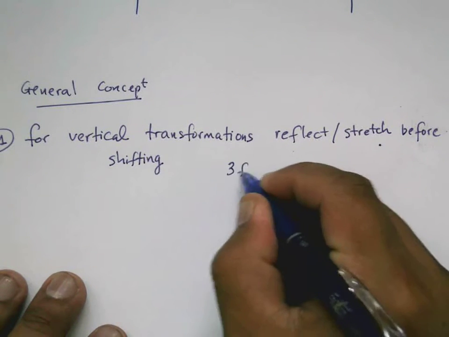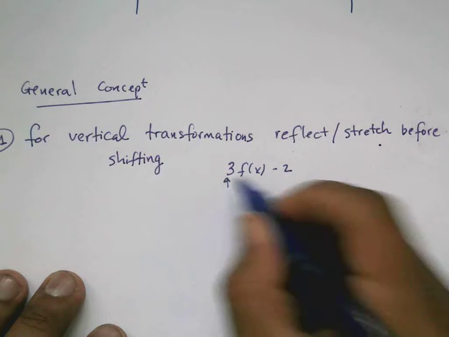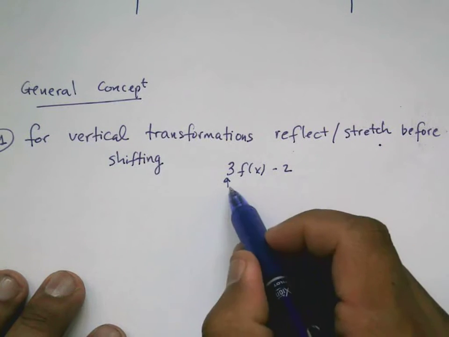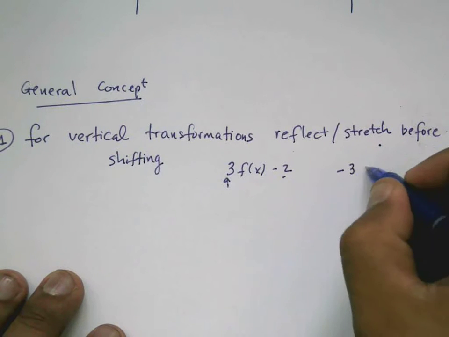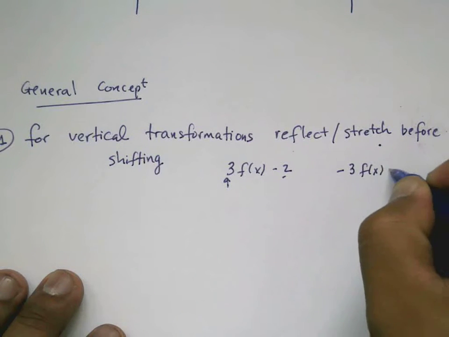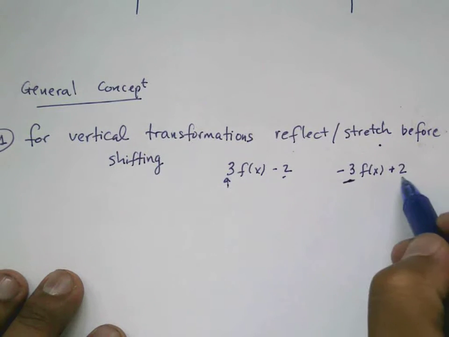Okay, so we're going to do the stretching before we do the shifting. Or if you did negative 3f of x plus 2, here this is a stretch and a reflection, but we need to do this part here before we do the addition and subtraction. So you can almost say this follows the order of operations.